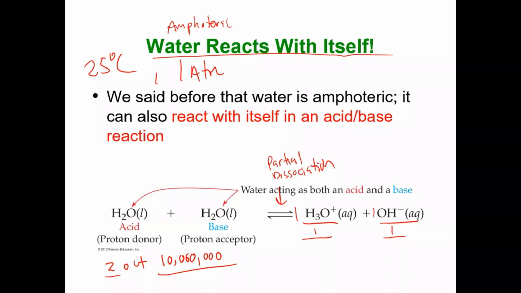Is that a 1-to-1 mole ratio? Yes. Okay. And I said 2 water molecules do this out of 10 million. So I get 1 hydronium out of how many? 10 million, right? So at 25 degrees Celsius, 1 atmosphere, from 10 million water molecules. And I'm going to make this easy. I'm going to use scientific notation. Didn't we learn that?